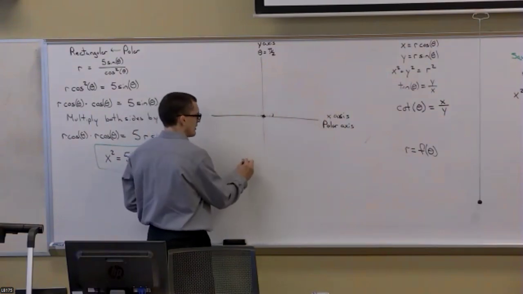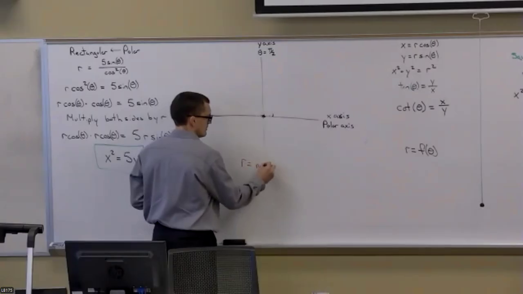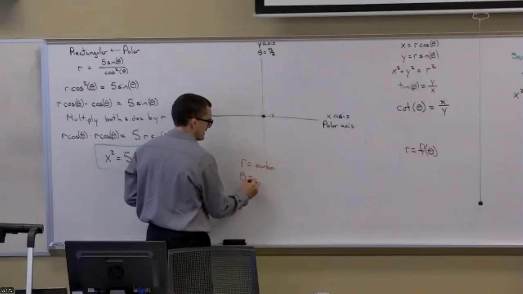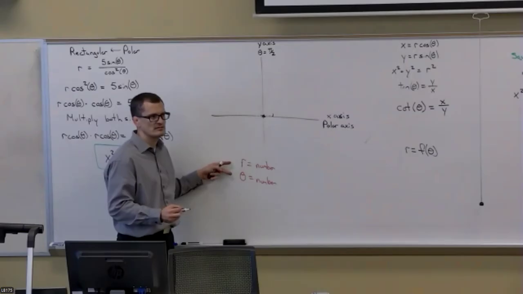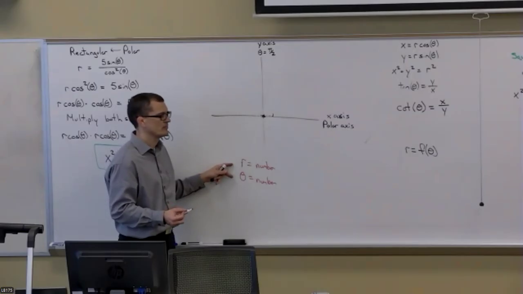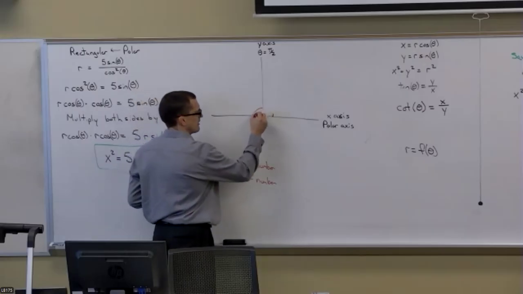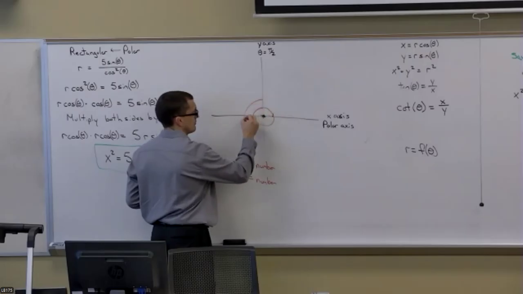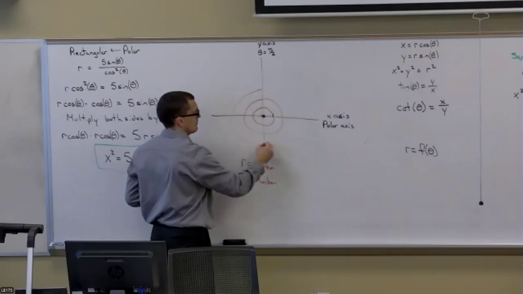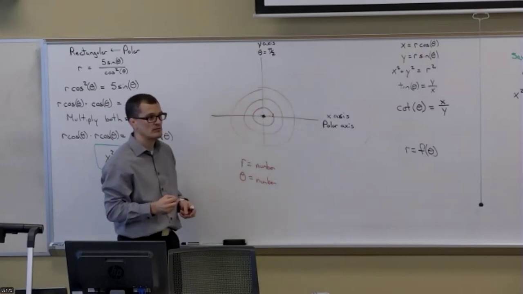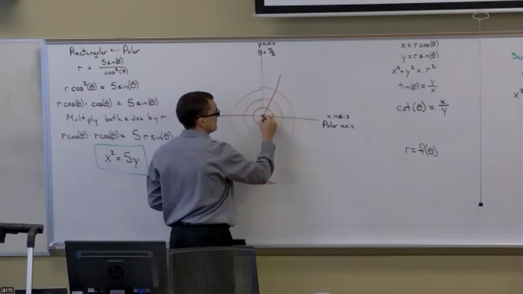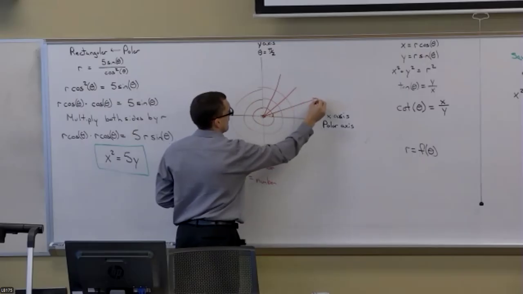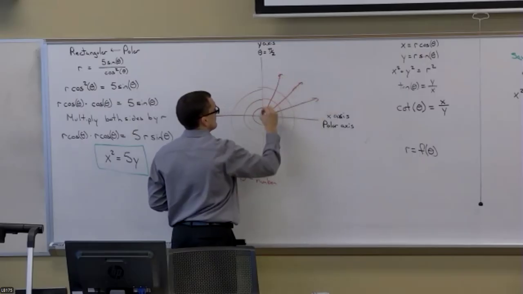Since r equals a number and theta equals a number are sort of the building blocks of polar form, the grid will look like a bunch of r equals numbers, a bunch of concentric circles around the pole, and then also a bunch of lines through the origin, oftentimes at our common angles.